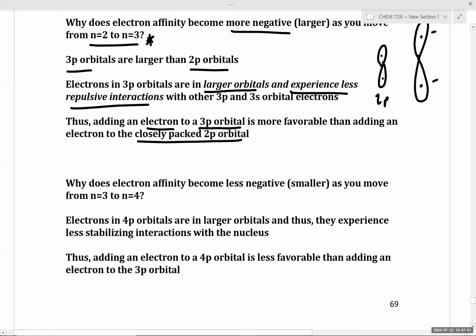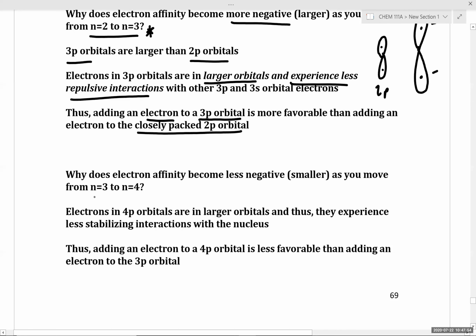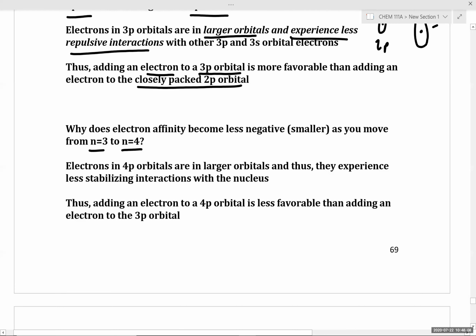Now, this exception is not general. When you move from n equals 3 to n equals 4, then orbital size and how readily the electrons in your orbital can interact with the nucleus plays a much bigger role. So just as a comparison, this is our 3p orbital.